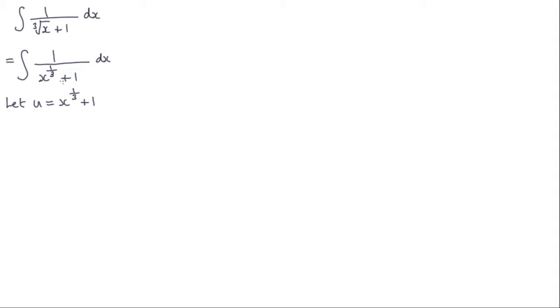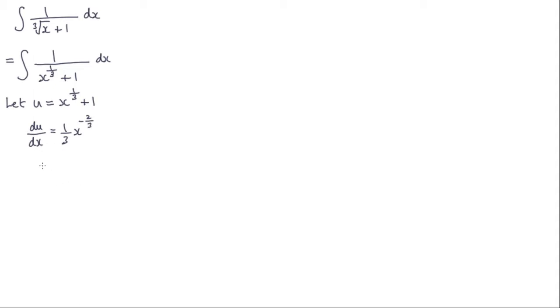I've made a substitution for this whole denominator, but I need to integrate with respect to u. So du by dx is equal to 1/3 x to the power of negative 2 over 3.